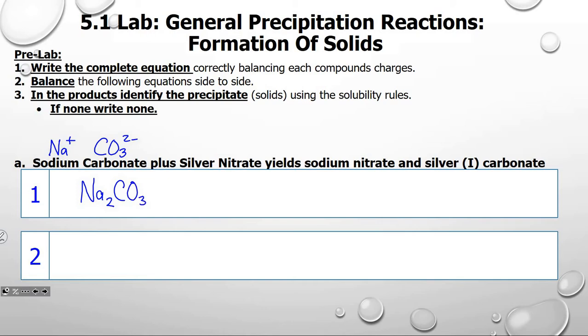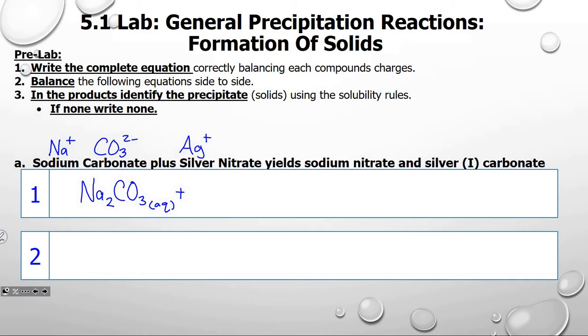And what did I tell you about everything on this side? All the reactants are AQ. So I'm going to put a little AQ there and then put the plus. The next thing is silver. What's silver? Ag. What charge? Just a +1, right? It's the bottom of the slide. Nitrate.